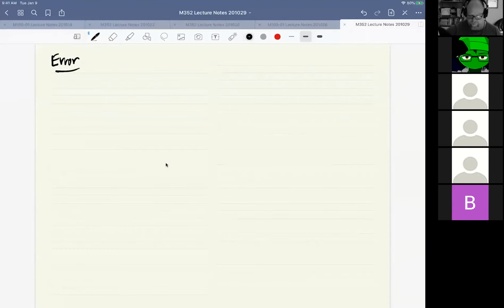I want you to think about what you've read about error so far, or what you know about error, and I want you to type into the chat a word that a textbook associates with the concept of error. What's an important word or important idea that's connected to the concept of error, according to the textbook author?